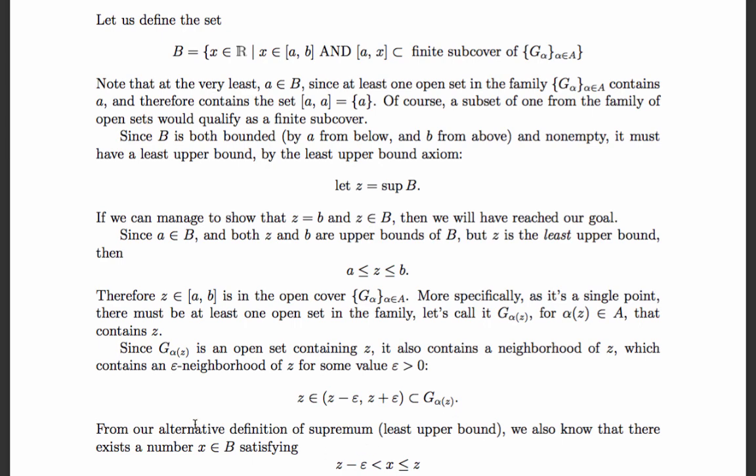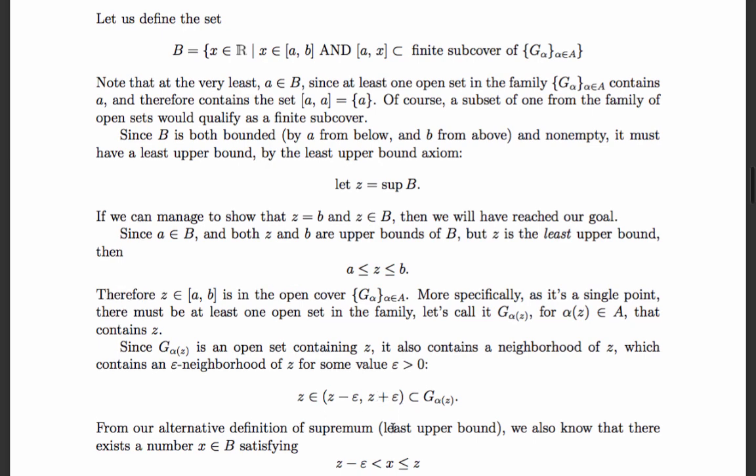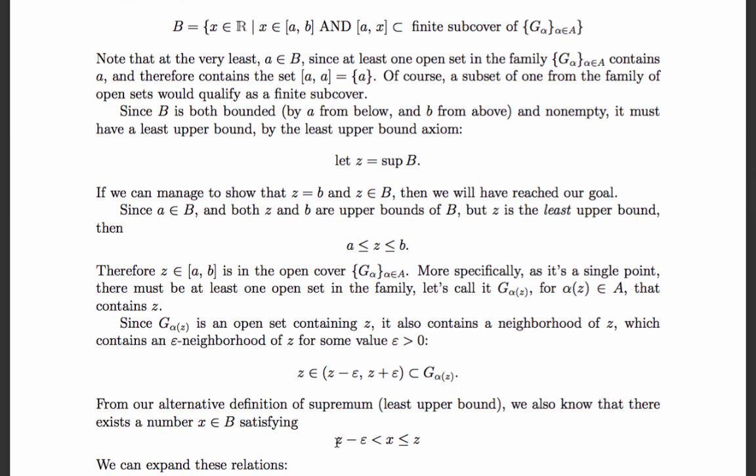Now, from our alternative definition of supremum, we know, right, that there's no daylight between Z and the set big B. In other words, for this epsilon here, if I subtract epsilon from Z, then there's an element of B greater than it.